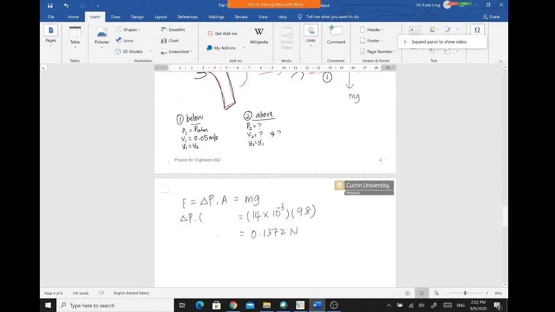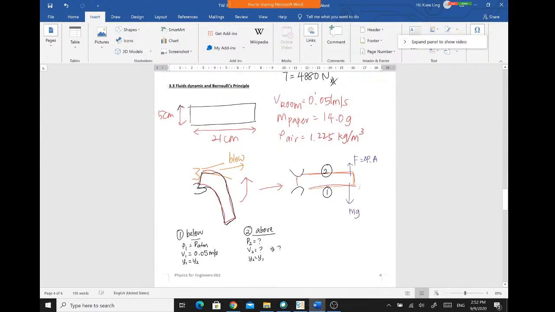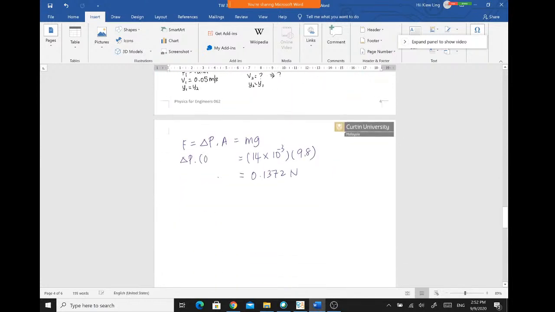The area of the pepper is, from the dimension, 0.21 times 0.05.